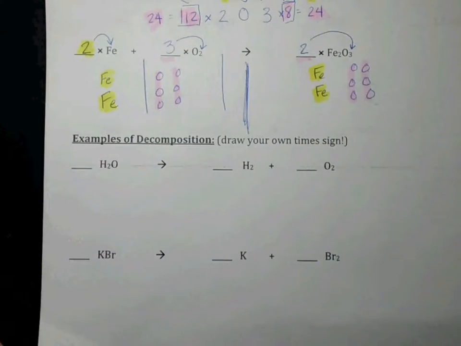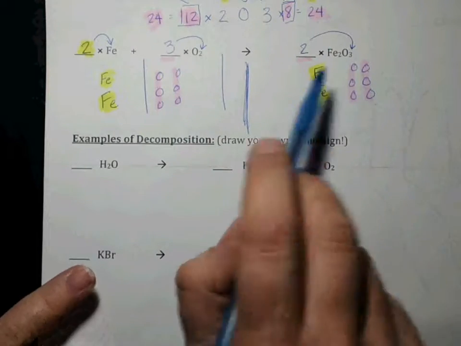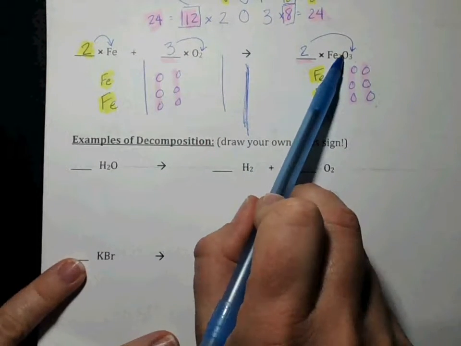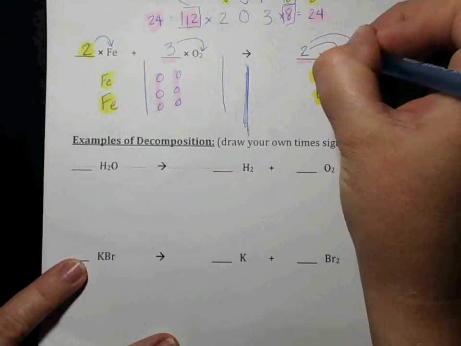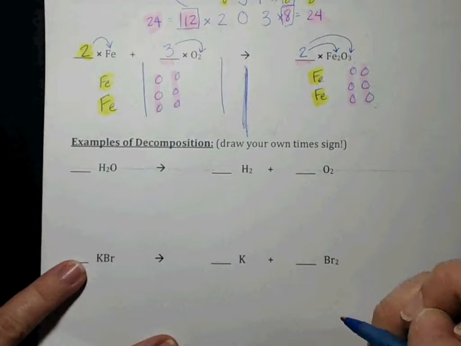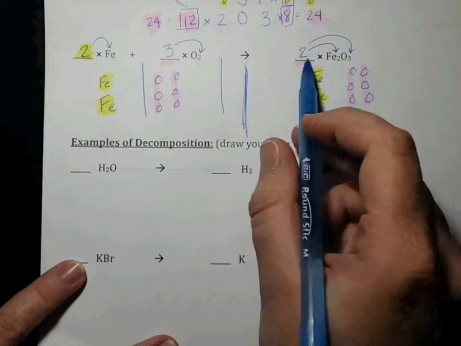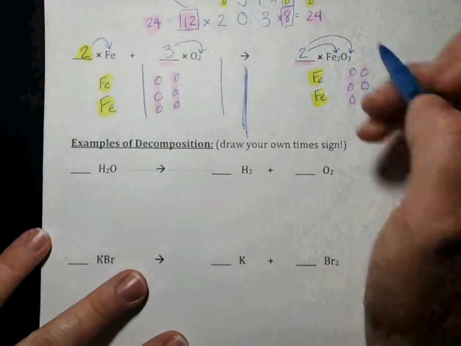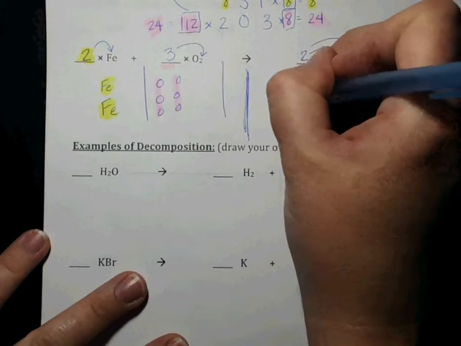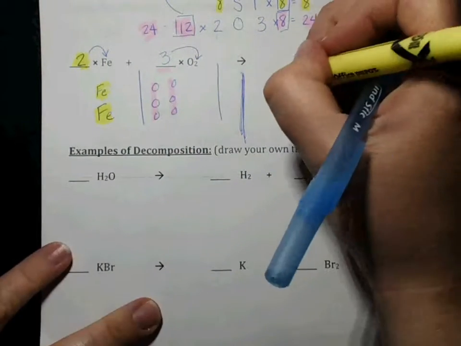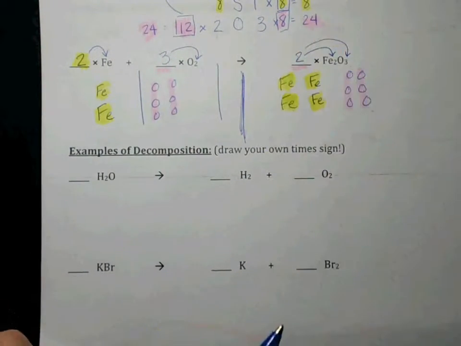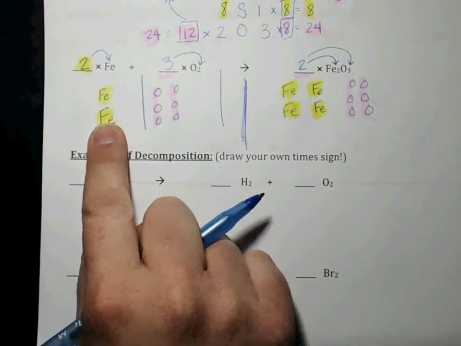At this point, you may notice that when we put this 2 here, that did change the oxygen, but that also changed this iron. It distributes to the iron as well. So now there are no longer just 2 irons here. Now there's 2 times 2. That's 4 irons. Whereas on our reactant side, there are still only 2 irons.